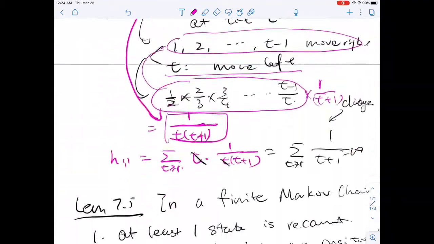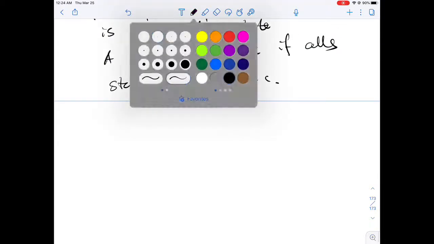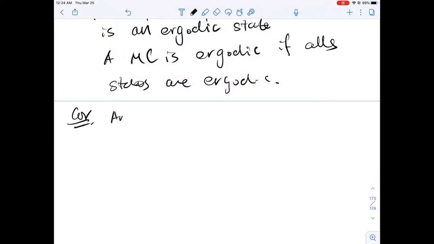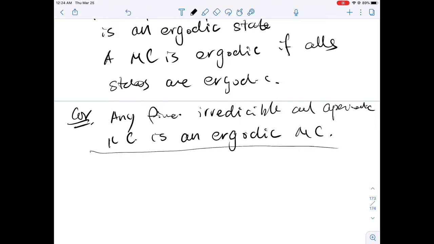Right. So next, let's move to the corollary. Corollary: any finite, irreducible, and aperiodic Markov chain is an ergodic Markov chain. Again, this is a sufficient condition to make a Markov chain ergodic.